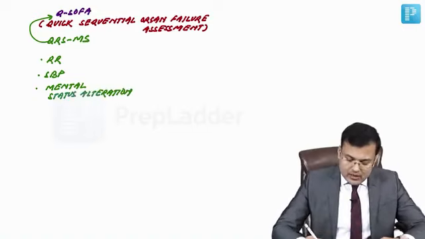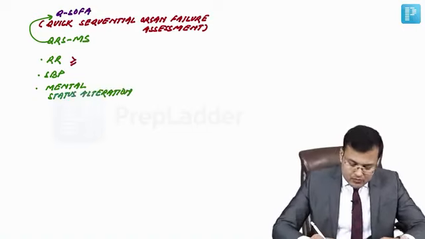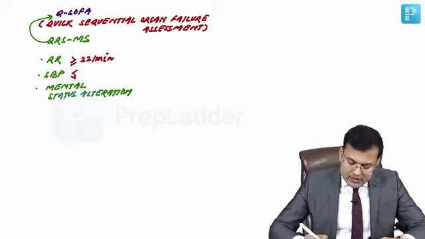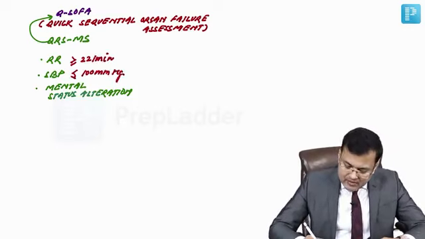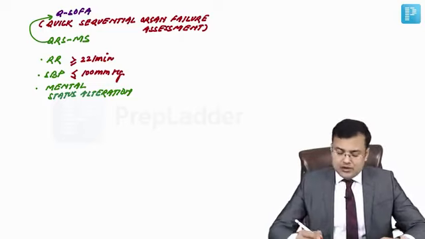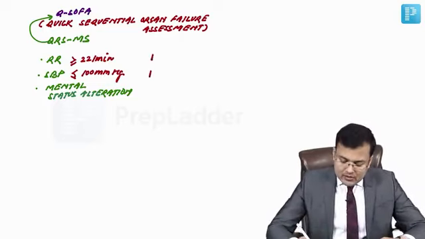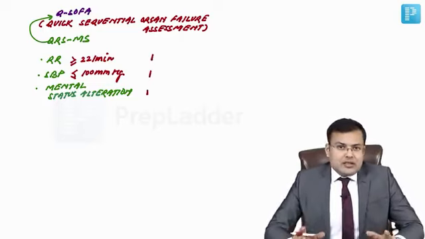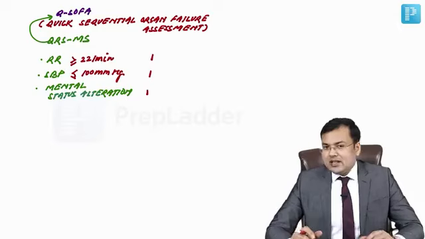Now here the respiratory rate should be more than or equal to 22 per minute. The systolic blood pressure should be less than or equal to 100 mmHg, and the patient is having mental status alteration. All these parameters are having a score of 1. So components are respiratory rate, systolic blood pressure, and mental status alteration.